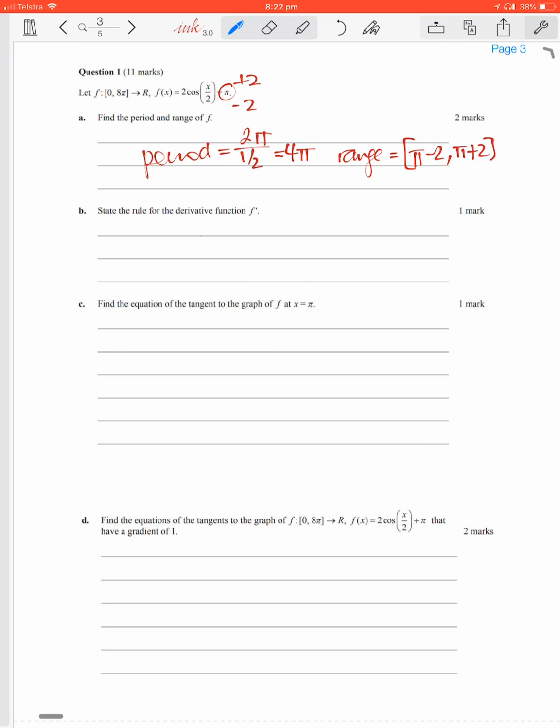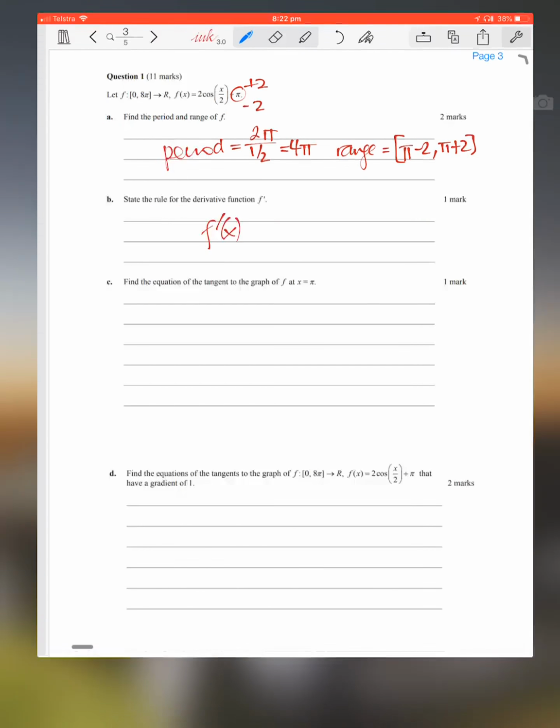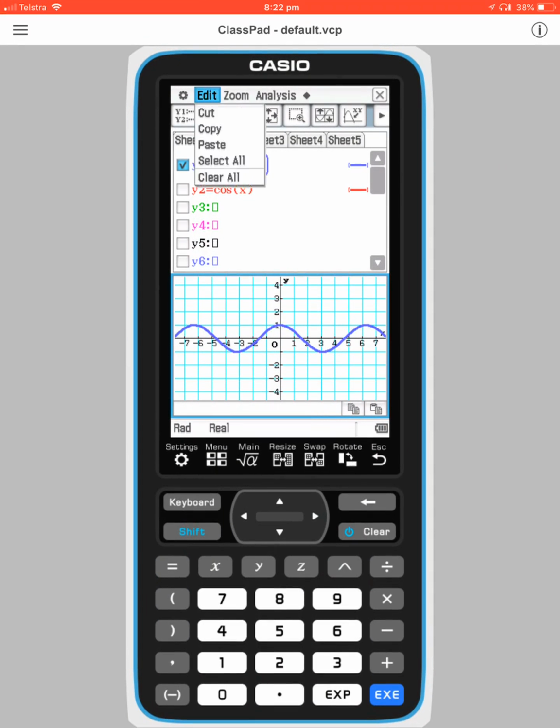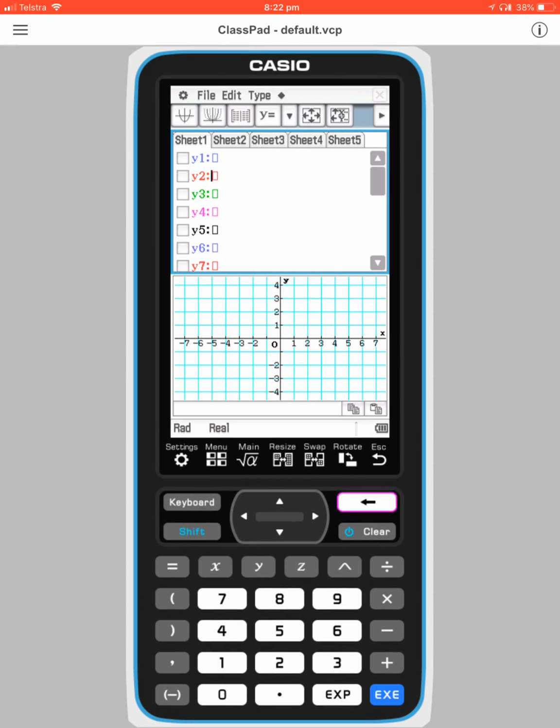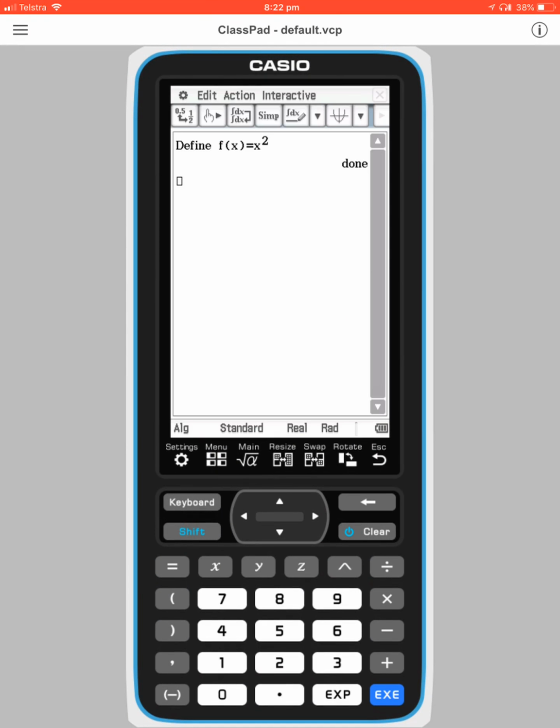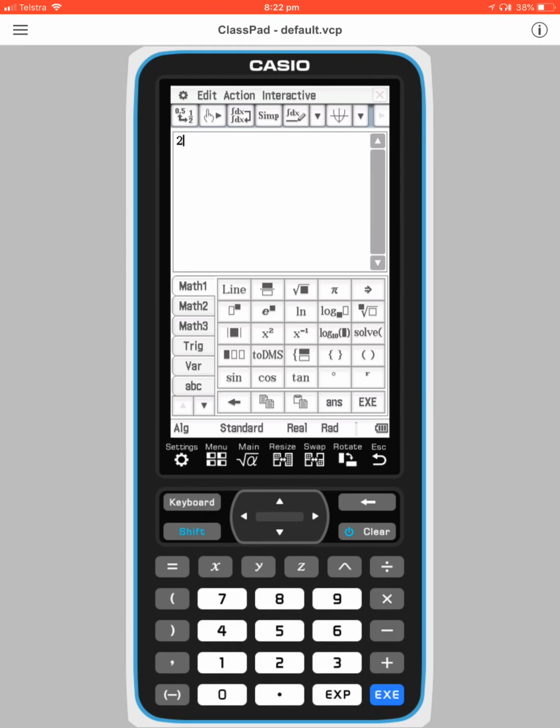State the rule for the derivative function f dash x. Let's clear this. Okay, so it was 2 cos (x divided by 2) plus pi. So that's f of x.